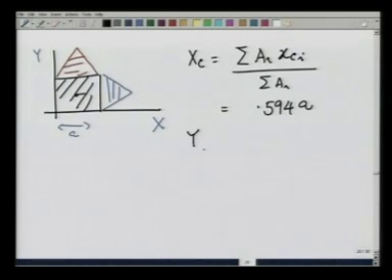Similarly you can calculate y c, which comes out to be again 0.594 a.